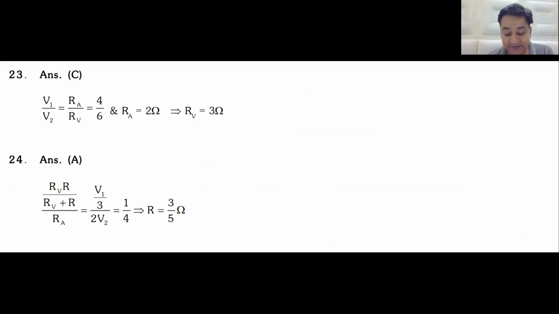The correct answer is this. We already know the value of V1 and V2. V1 and V2 will be inversely proportional. Yes or no? Current is same. Or directly proportional, right? Yes sir. So resistance of the emitter is 2. Resistance of the voltmeter will come as 3.